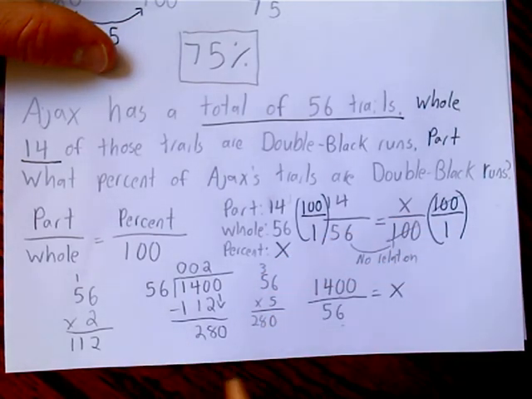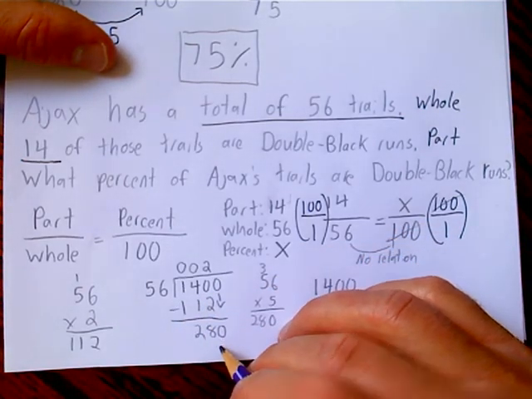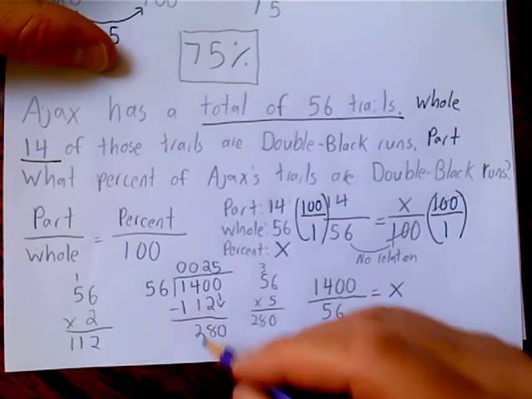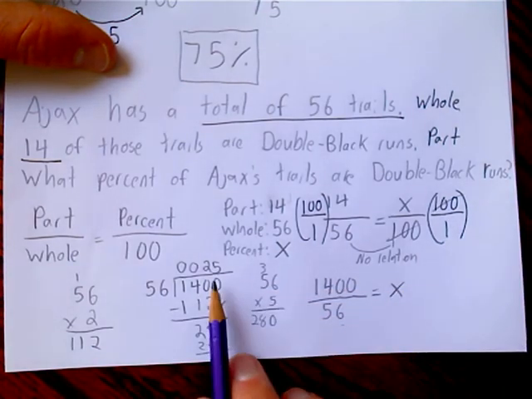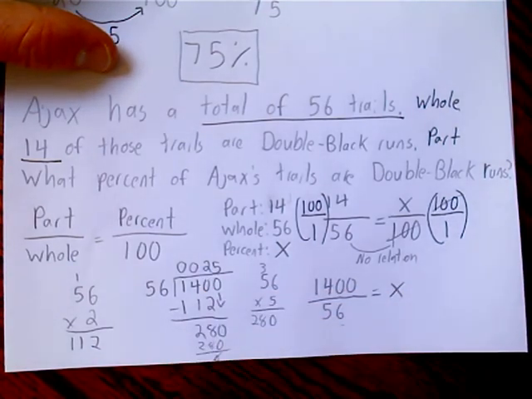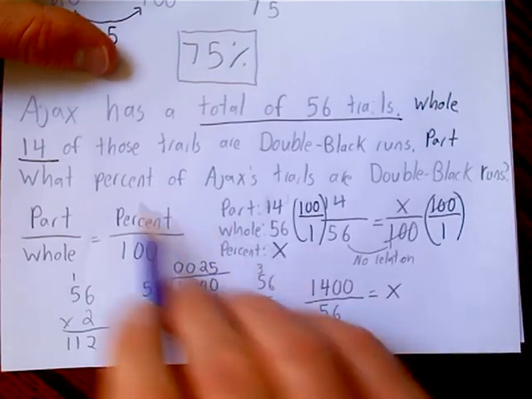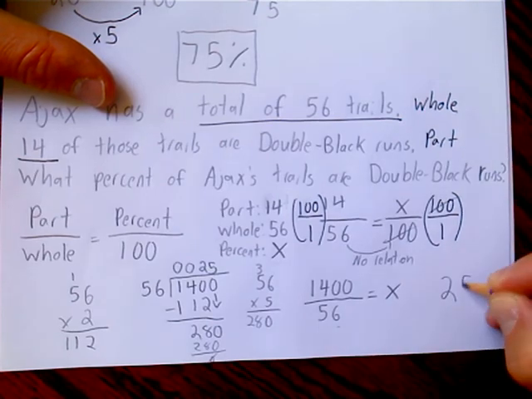We got a match. 56 goes into 280 5 times. Yep. 5 times 56 is 280. I'm done. Nothing to bring down. There's my answer, 25. But what does that represent in this problem? It represents our percent. What percent of Ajax trails are double black runs? 25%.